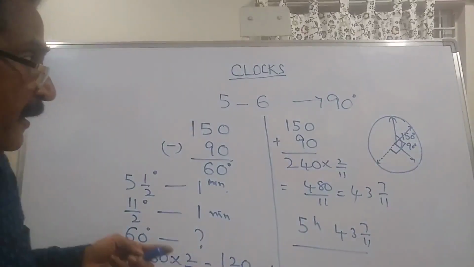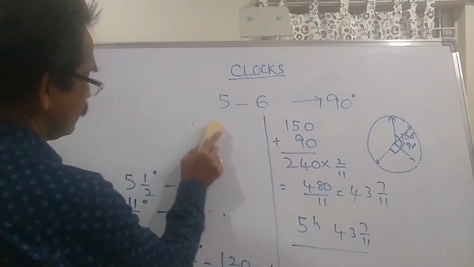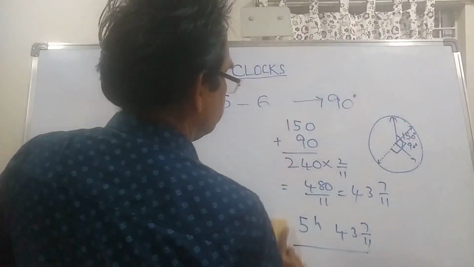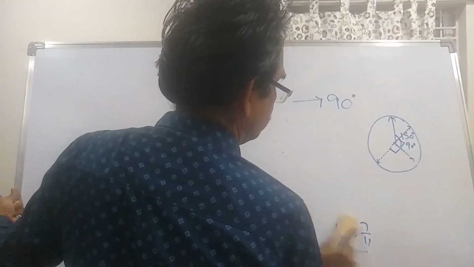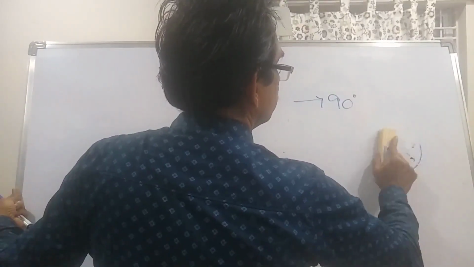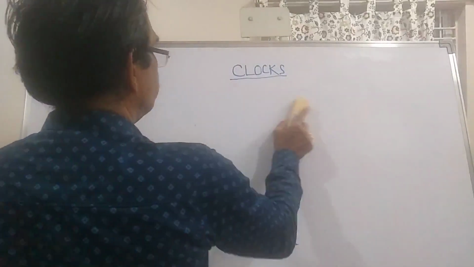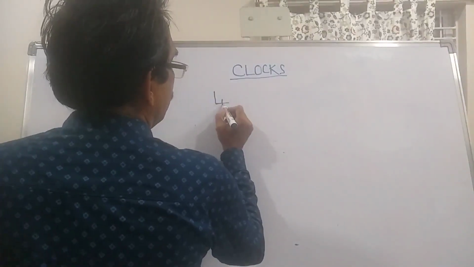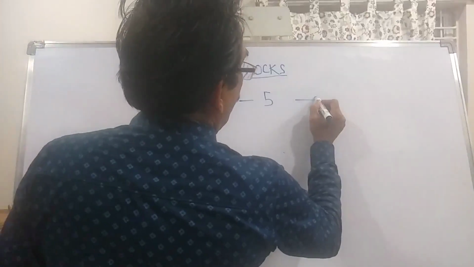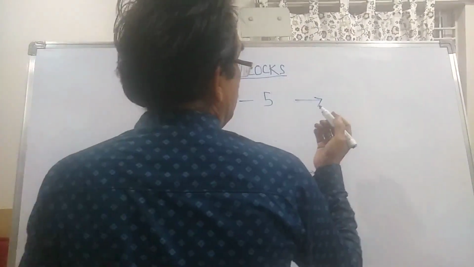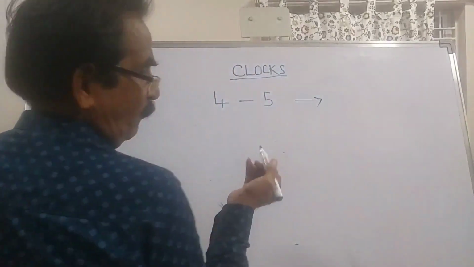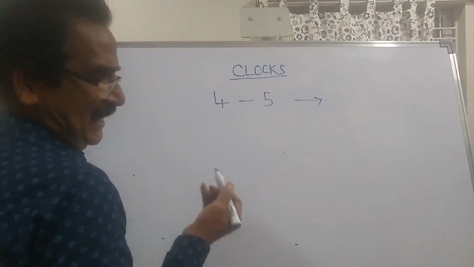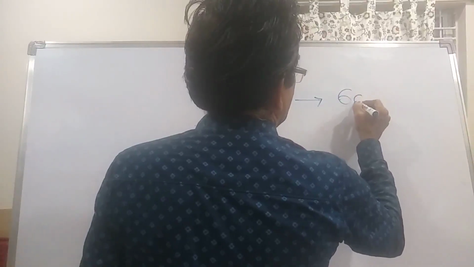Let us consider one more example. Between 4 and 5, at what timings are the hands inclined at an angle of say 60 degrees?